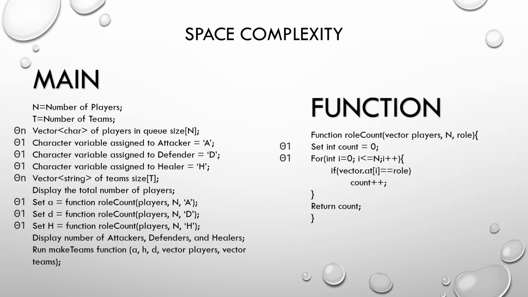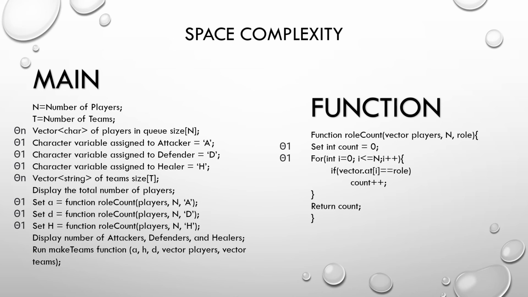Now we're going to look at our space complexity. We only look here when something is being initialized. So in this case, we have our vector here, which is of size n, so that's theta n. Then we have just 3 constants in a row, so we have theta 1, theta 1, theta 1 for the attacker, defender, and healers being set.